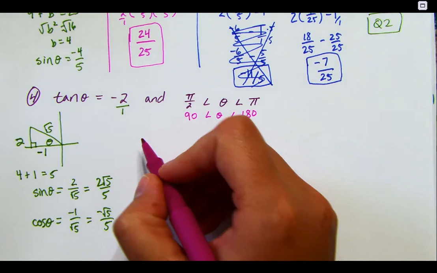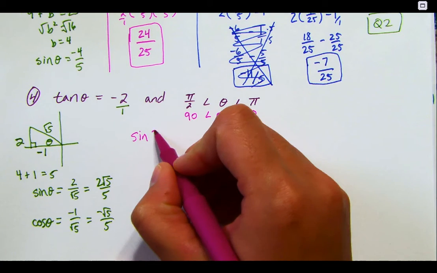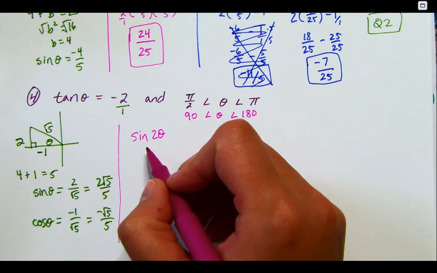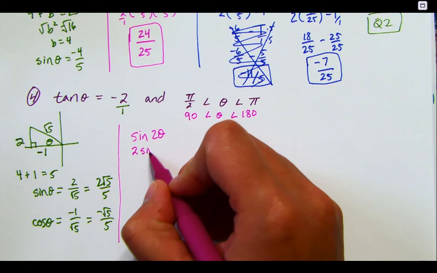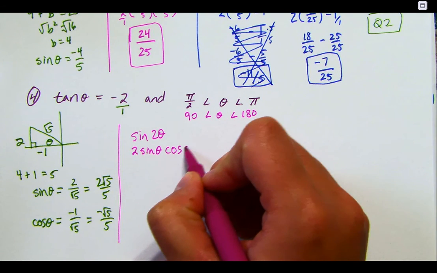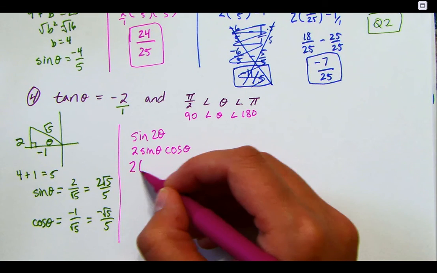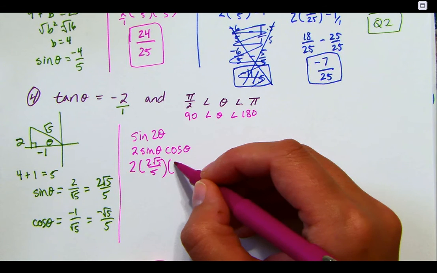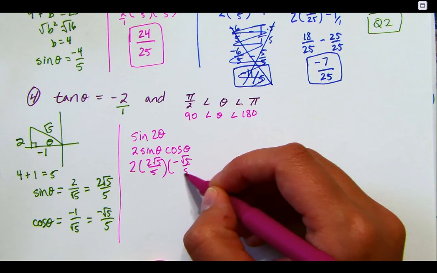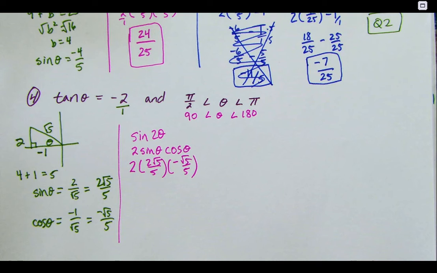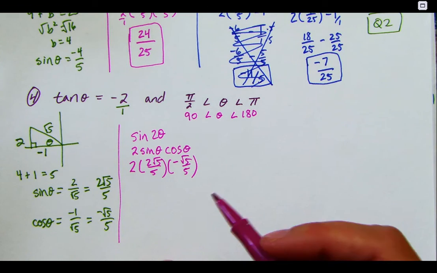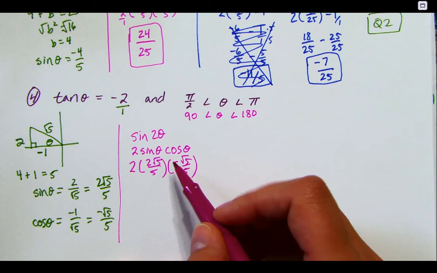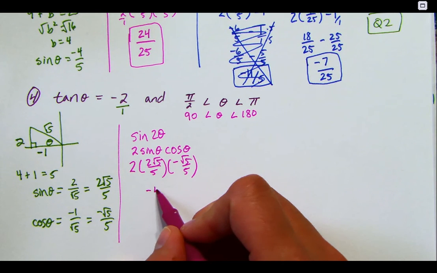All right, so starting by finding sine of 2 theta. Again, we have to use the formula 2 times sine theta cosine theta. So this will be 2 times 2 square root of 5 over 5 times negative square root of 5 over 5. So multiplying straight across, I would take 2 times -1, so that's going to be -4.